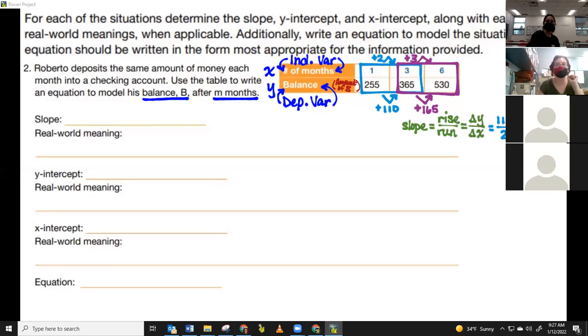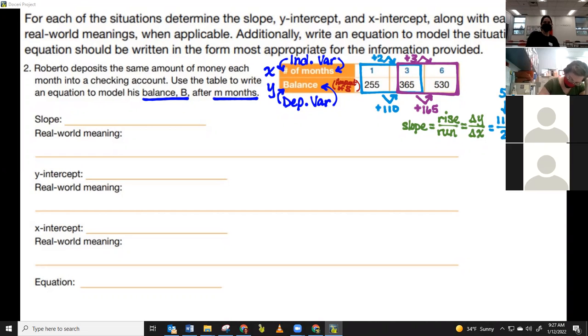Great. Grab your calculators for me. 110 divided by 2. What is that when I reduce it? What is 110 divided by 2? 55. Thank you, Niles.